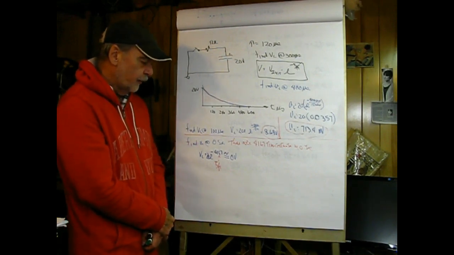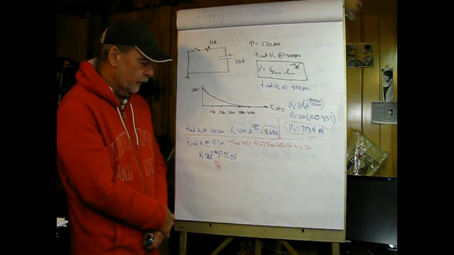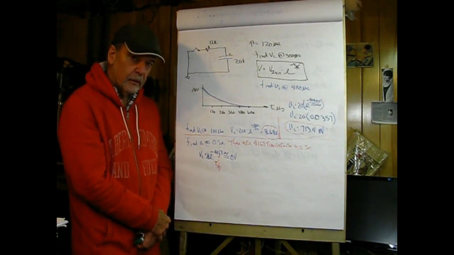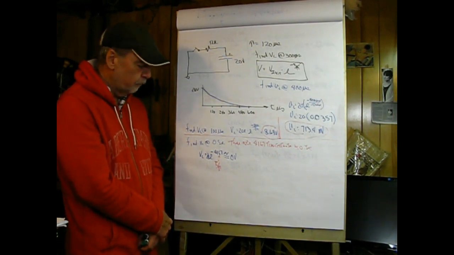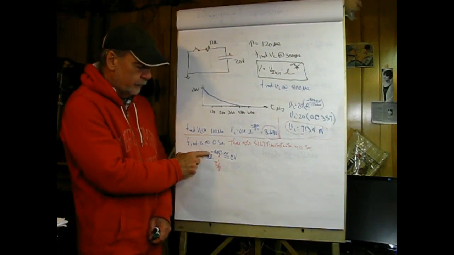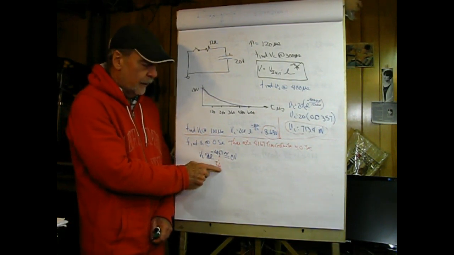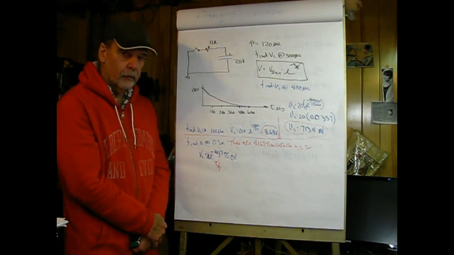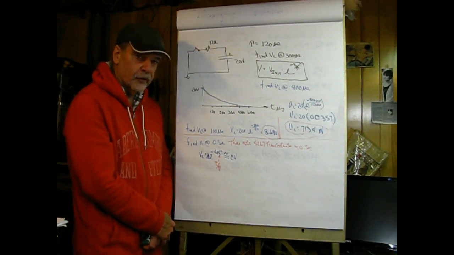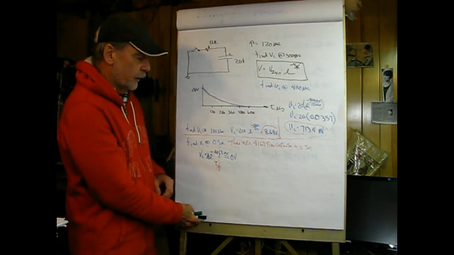Dividing 0.5 seconds by our time constant, which is 120 microseconds, I end up with 4,167 time constants in a half a second. So capacitor voltage is going to be equal to e raised to this power, and remember this is t over tau, and that comes out to be approximately 0 volts. The calculator shows 0. If we had a lot of precision, it would still give us a very, very, very small voltage sitting out there.